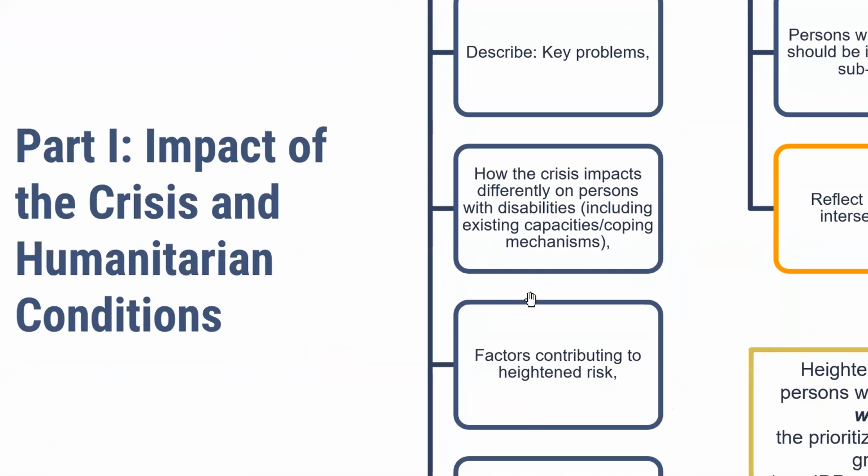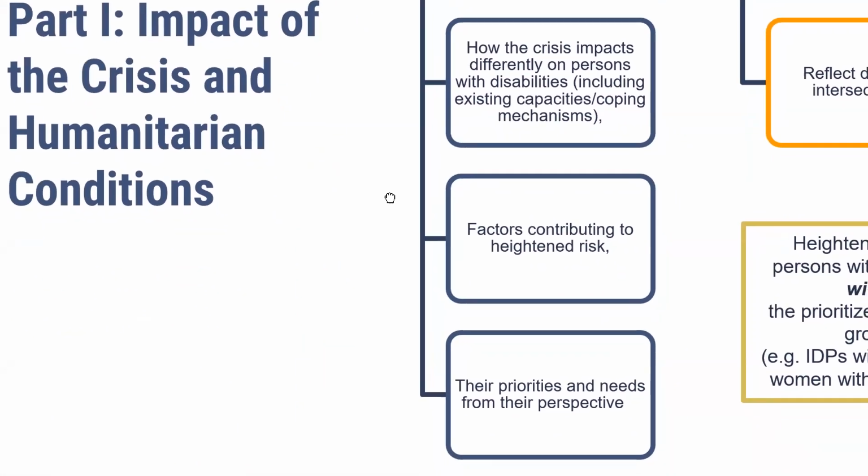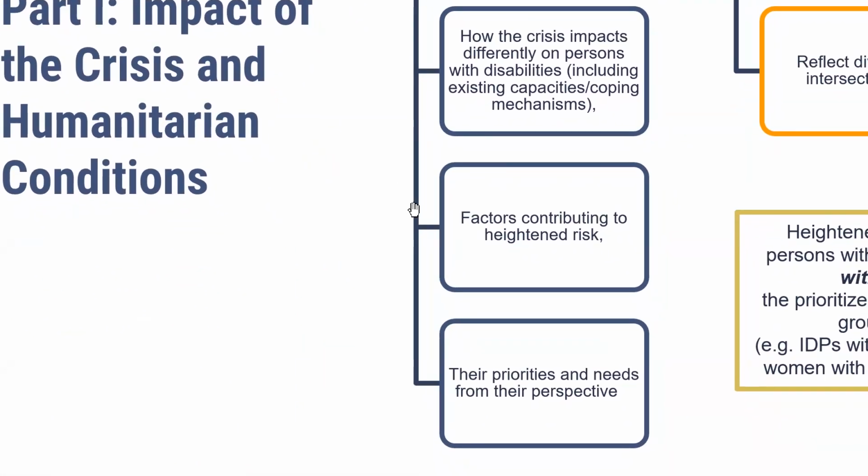So yes, the crisis will impact everyone in the place of the crisis, but to which extent does this impact differ? For example, due to their existing capacity or coping mechanisms, they could be affected differently. We should also describe factors contributing to heightening or increasing this risk, and then list the priorities and needs from the perspective of persons with disabilities themselves. Nothing about us without us.